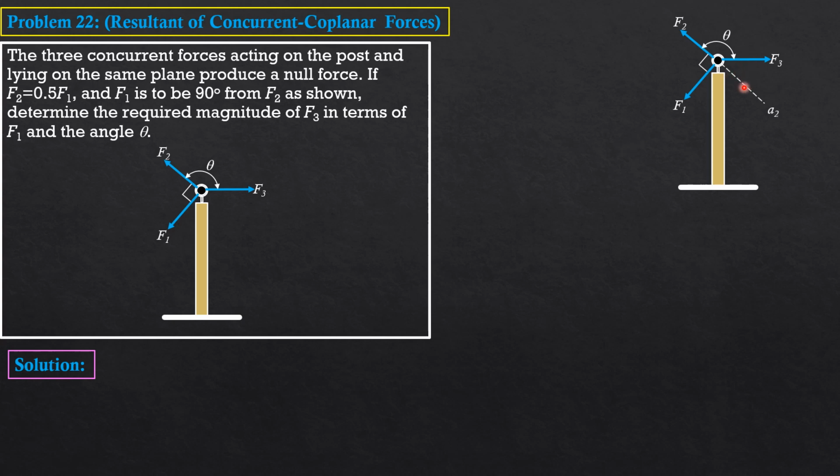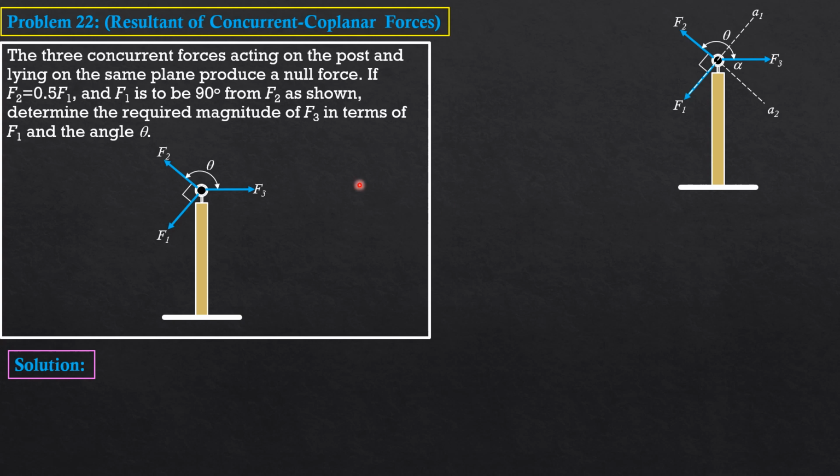And I'll call this axis 2 because it is collinear with F2, and the measure of the angle here is alpha. So that once we obtain alpha, then theta is 180 degrees minus alpha. Then the axis along F1, coincident with F1, is denoted by A1.